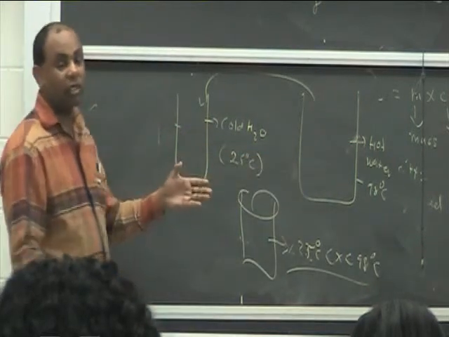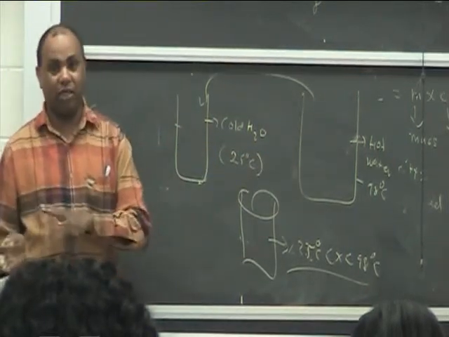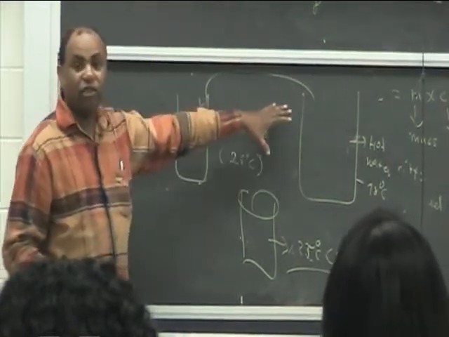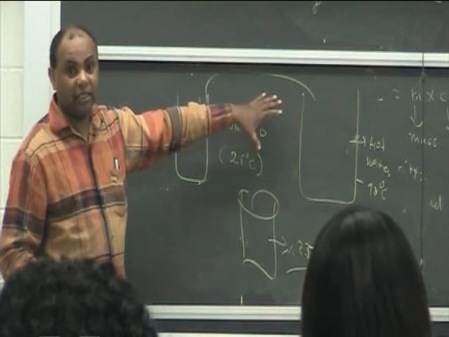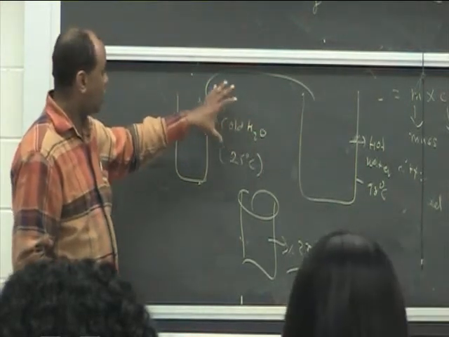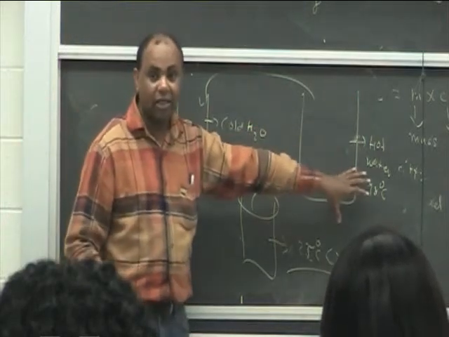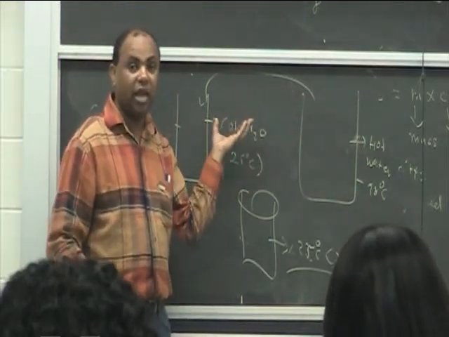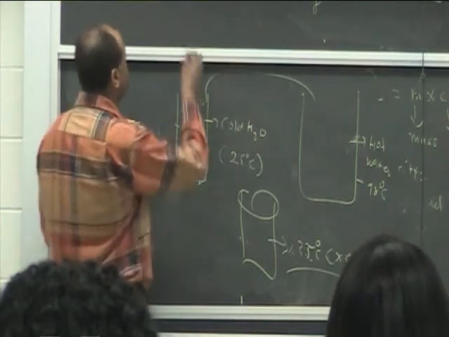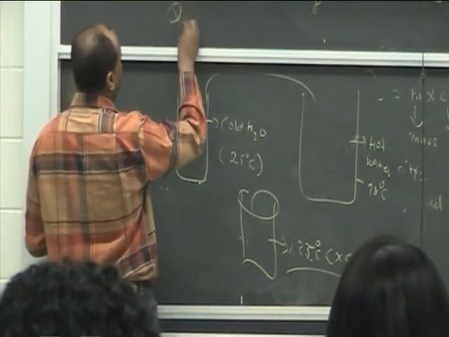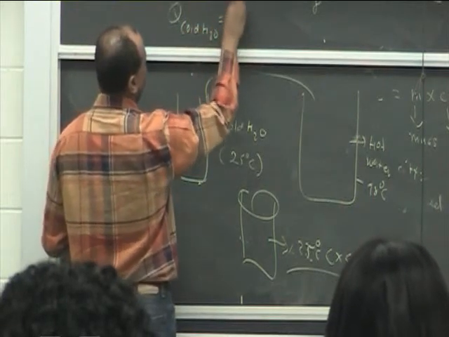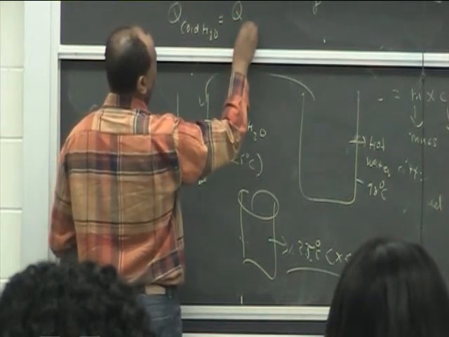So we're going to measure the loss or the gain of heat. The law of conservation of energy says that the amount of heat lost by hot water has to be the same as the heat gained by cold water, which means Q of cold water is the same as Q of hot water.